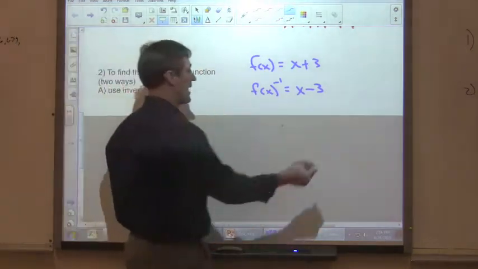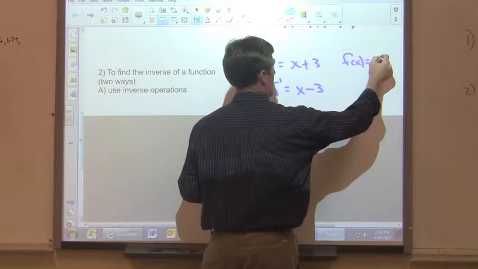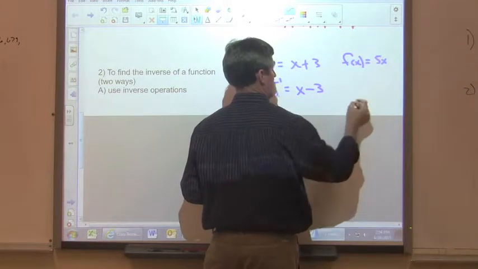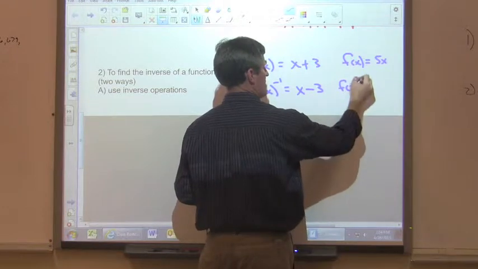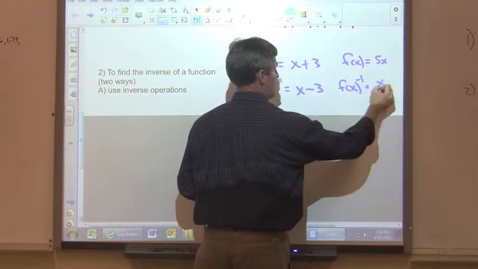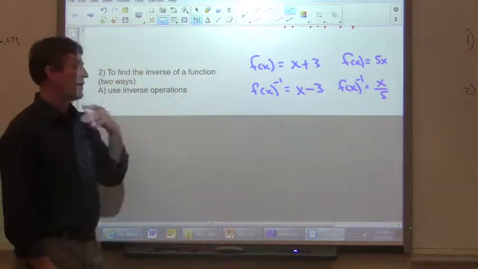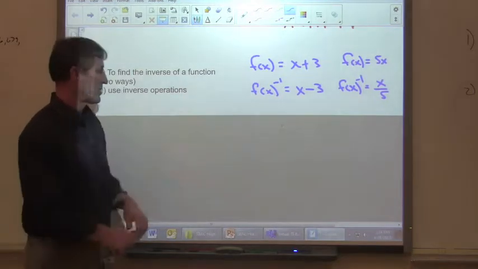If it was multiplication, let's go 5x, then the inverse, again we write f of x to the negative first power, would be x divided by 5. So it's fairly easy to do with simple equations.